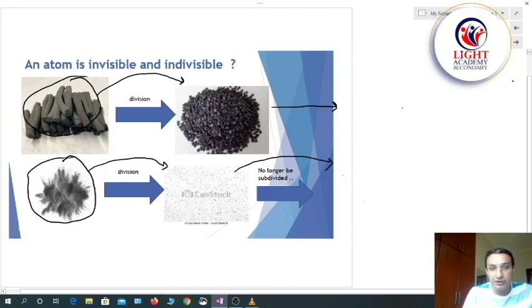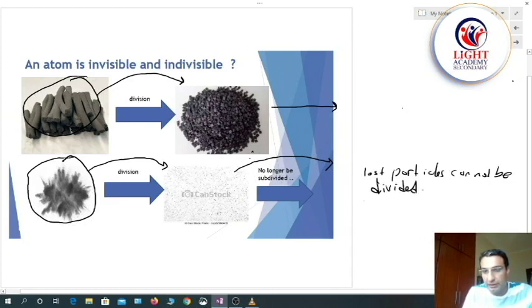Finally we are going to reach a point where we obtain a particle that can no longer be divided. So that particle is called an atom.